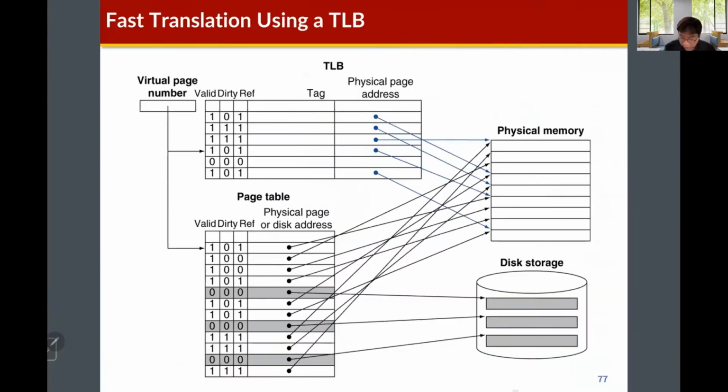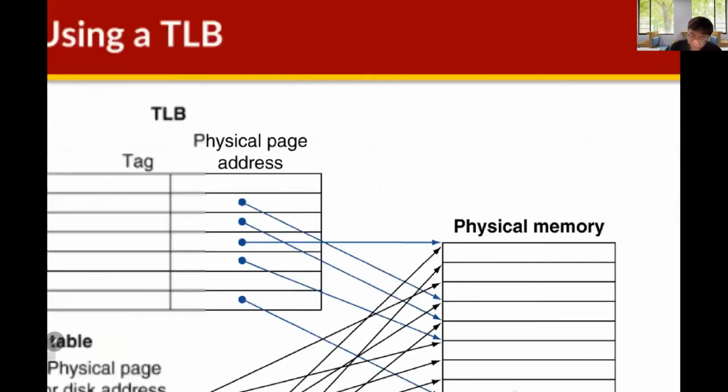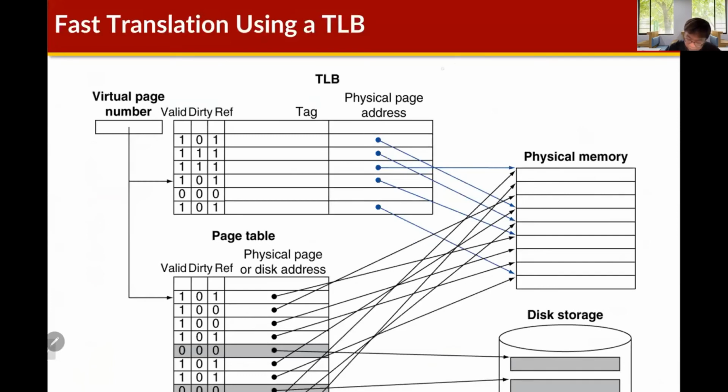Then how can we use the TLB? How can we organize the TLB? When I explain the TLB, think like this: the TLB is the cache of the page table. In a real cache, why do we use a cache?